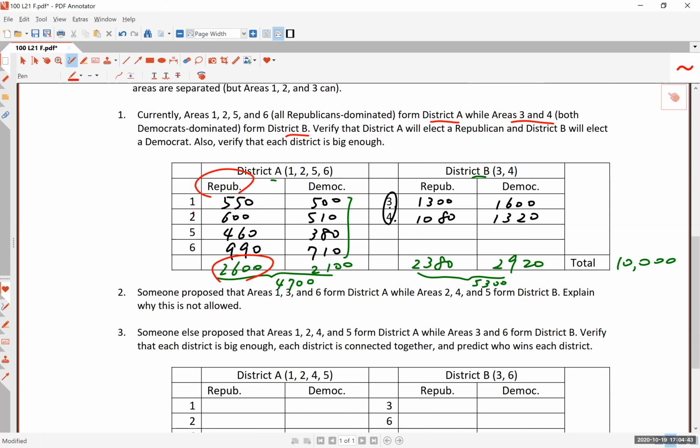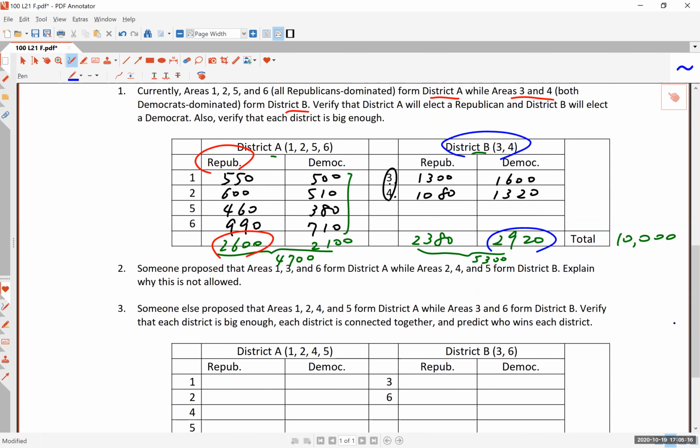So the red party wins, and they will choose a red party politician to represent District A. Now District B has 2,920, which is more than 2,380, so they will choose the blue party politician for their representative. So right now in this county that has 2 congressional districts, you have 1 blue party representative and 1 red party representative. Okay, clear about that? All right, great.